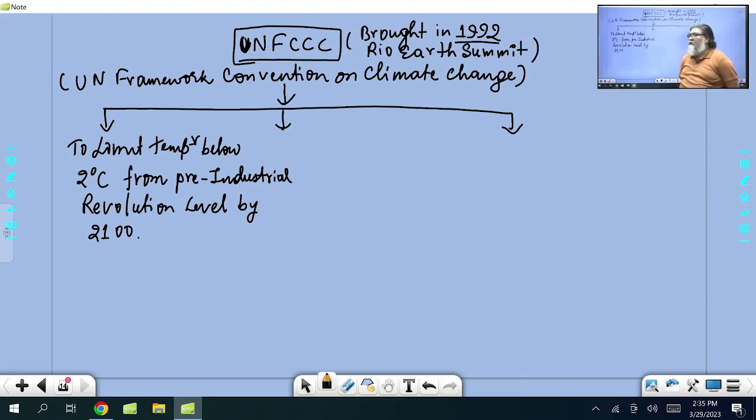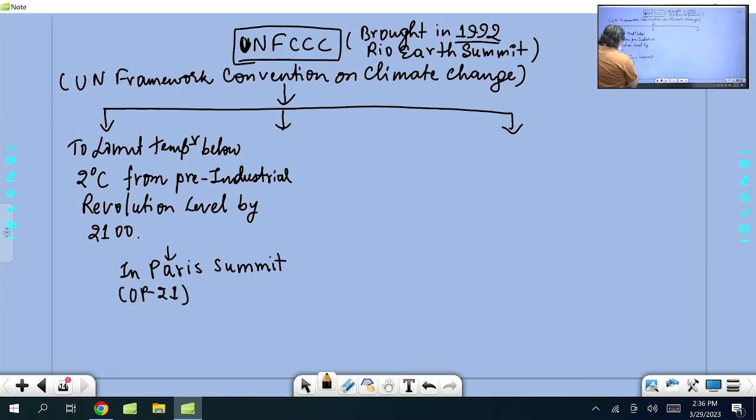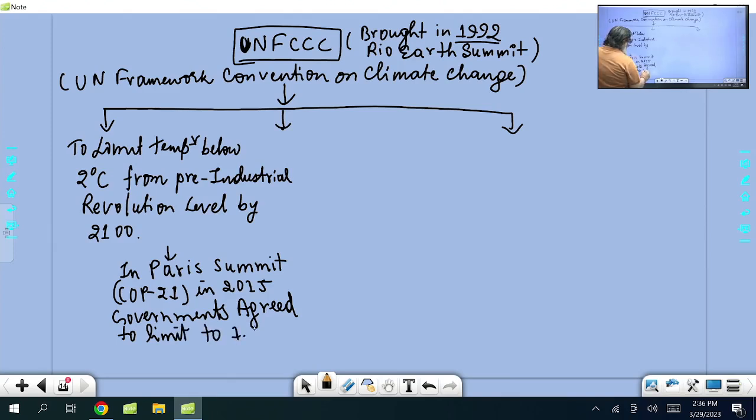And in the Paris Agreement, the Paris summit, what we call the Conference of Parties 21st, COP21, in 2015, governments agreed to limit to 1.5 degrees Celsius.